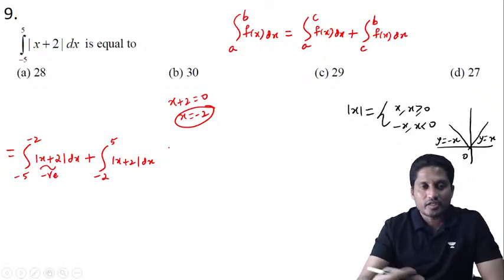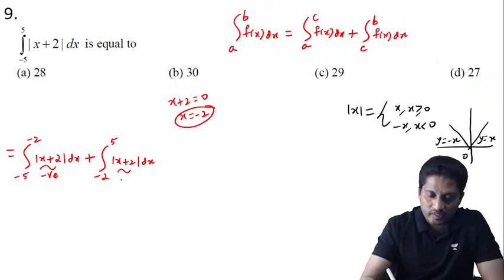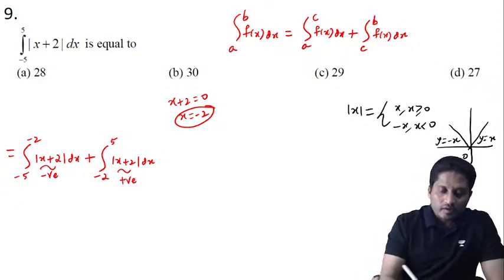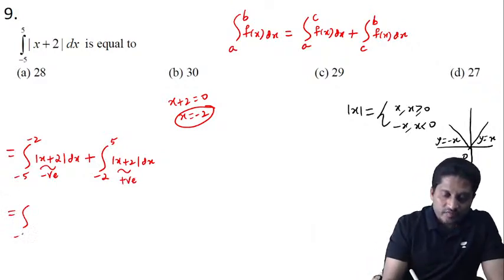And between minus 2 and plus 5 you take any value, this will be positive. So this is the integration of minus 5 to minus 2, where mod x will be equal to minus x, and between minus 2 and plus 5, mod x will be equal to plus x, so this is x plus 2 dx.